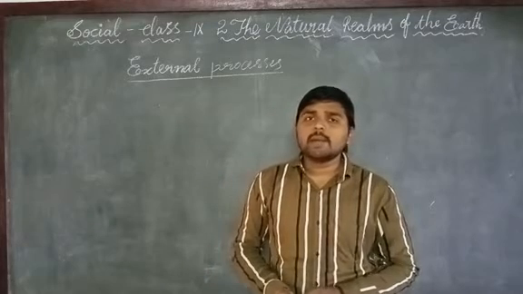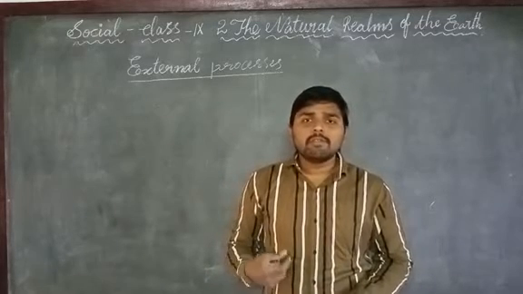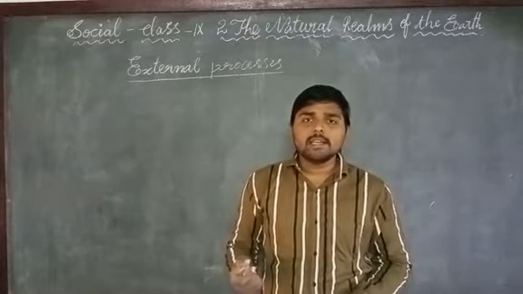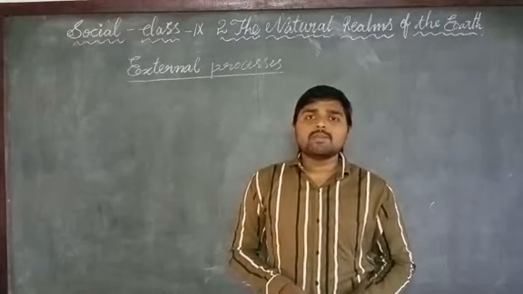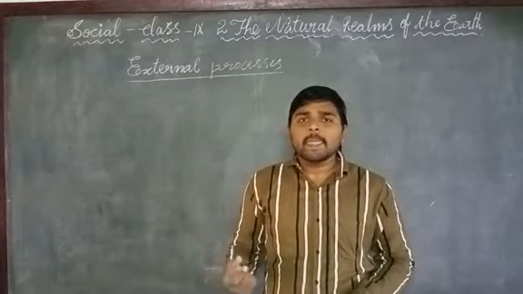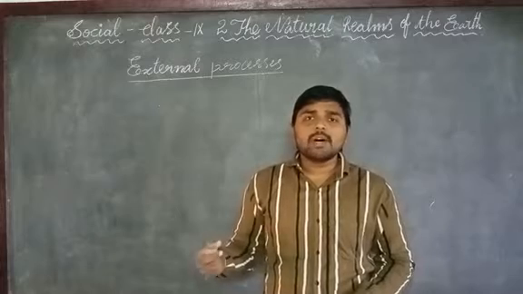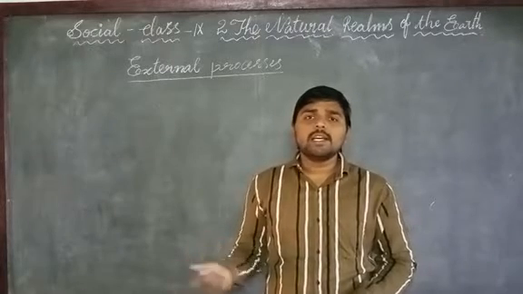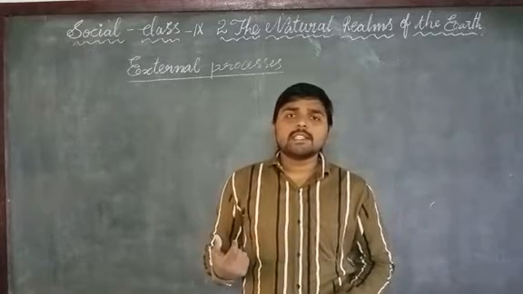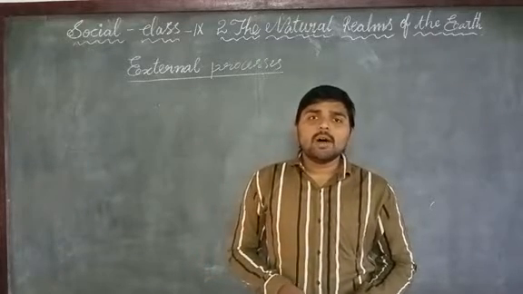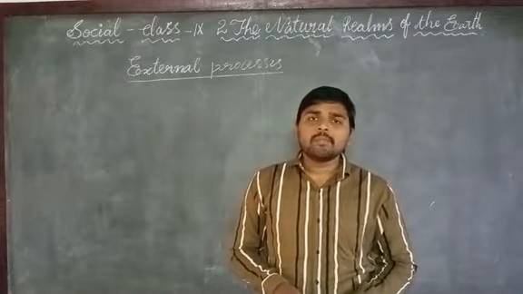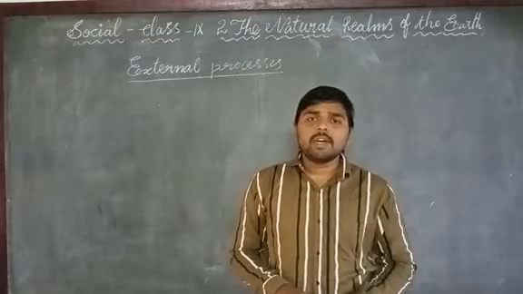In this external process, the wearing away of mountains and some landforms from one place, and depositing of these rocks in the form of landforms in another place, is called the external process. It occurs on the surface of the earth with the help of water and air.